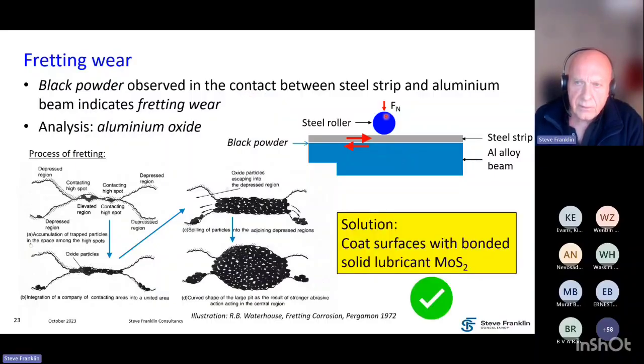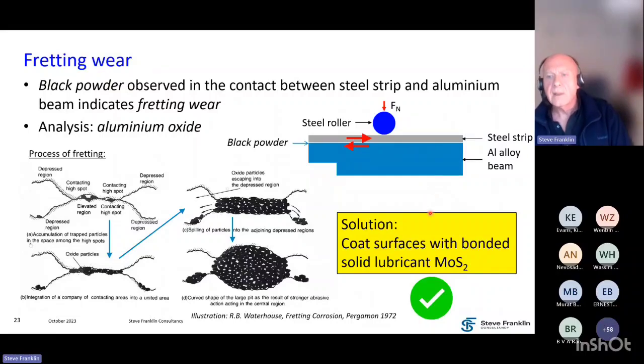And the solution to this sort of problem is really to separate the surfaces so that they don't come into contact with each other, and at the same time allow that slip to take place without too much tangential force being developed.